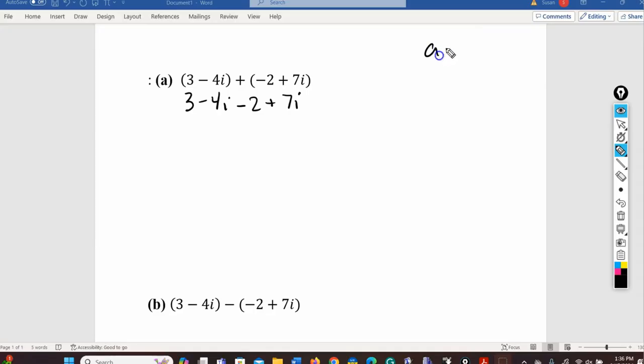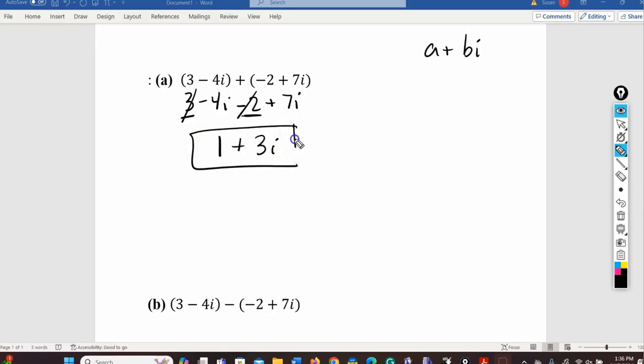Now we want to put it in standard form, so you're going to want the real part out front first. I just want to get the real numbers by themselves. 3 minus 2 is 1. And then negative 4i plus 7i, well, if that was an x, negative 4x plus 7x would be 3x. Negative 4i plus 7i is 3i.